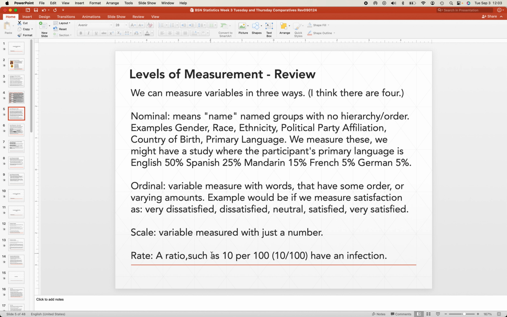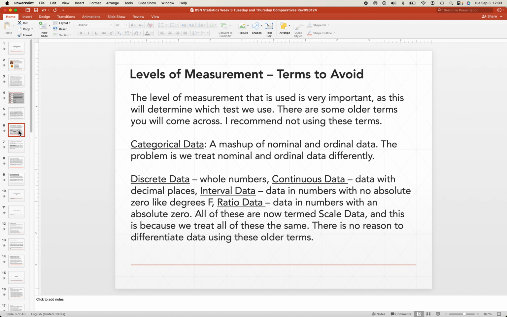Maybe for every 100 days a patient has a catheter, we have 2 infections. And that might be something we want to compare to a national average where there's only 1 per 100 days. So to me, that's different. And the reason why it's different for me is, again, if we have data that's measured at the nominal, ordinal, scale, or rate level, it will lead to us using a different test.